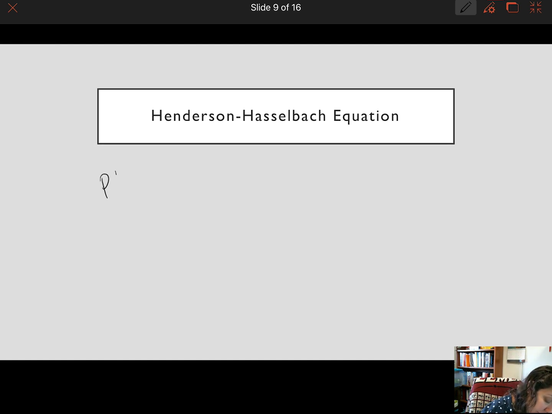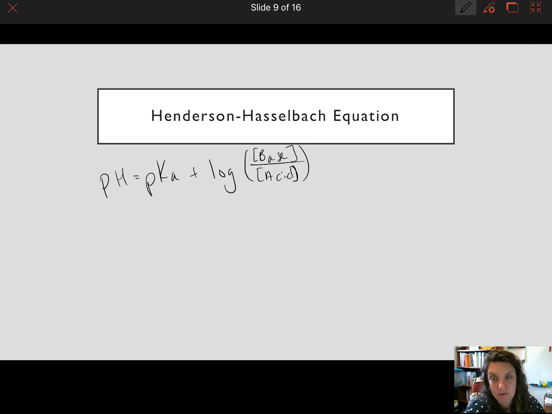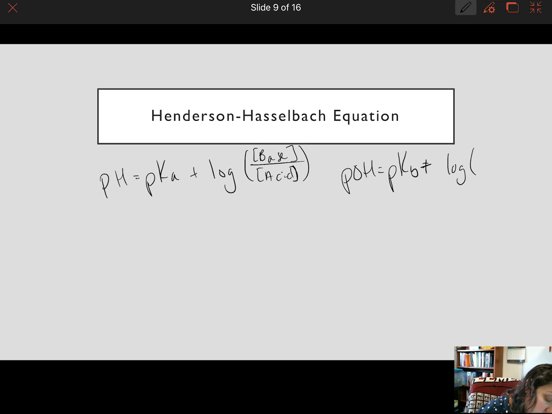We have our two forms. pH is equal to pKa plus log base over acid, where it's our conjugate base and our acid concentration, or if we're looking at pOH, pKb plus log conjugate acid over base.